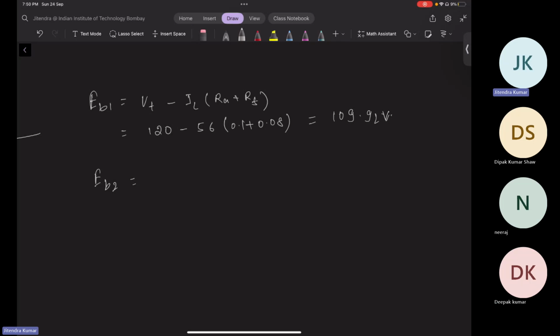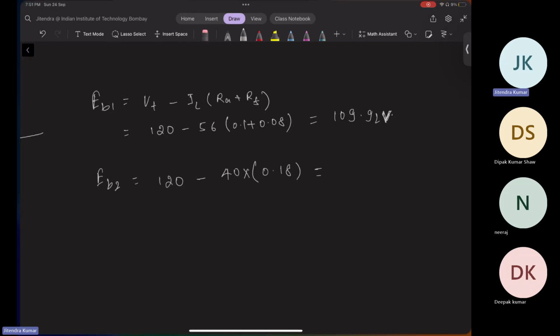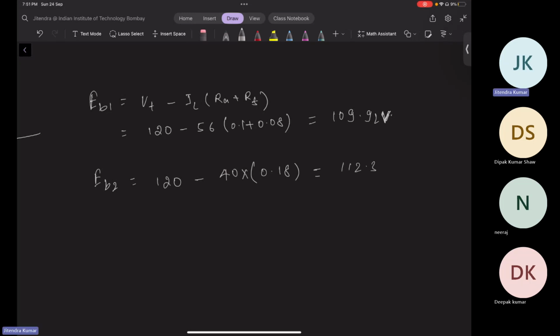Okay, 92 volt. EB2 will be again 120 minus 40 ampere this time, and the same 0.18. How much will it be? 7.2, so 112.8. Is it right? Yes, sir, 112.8.